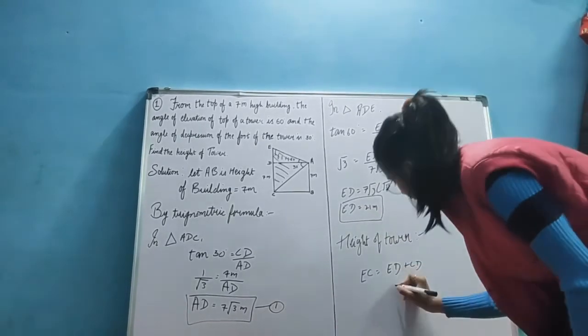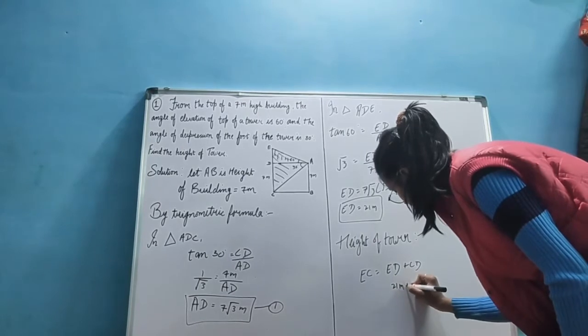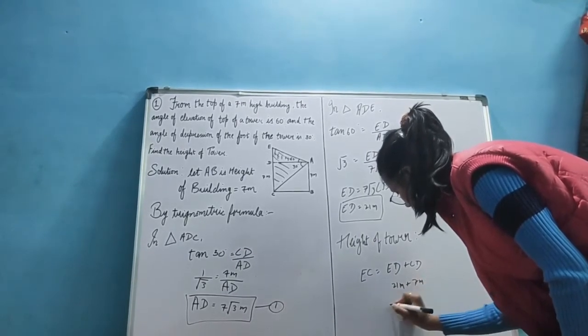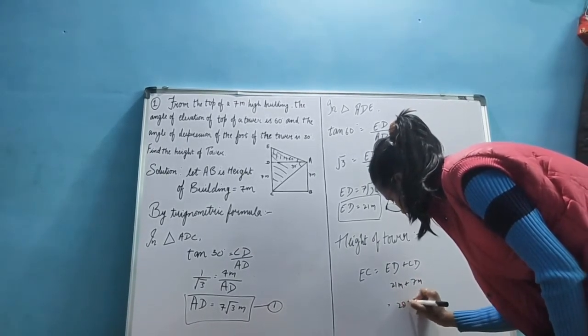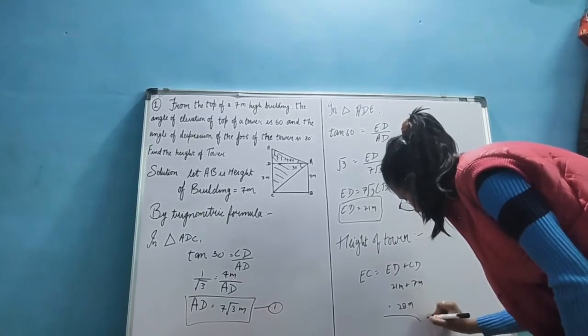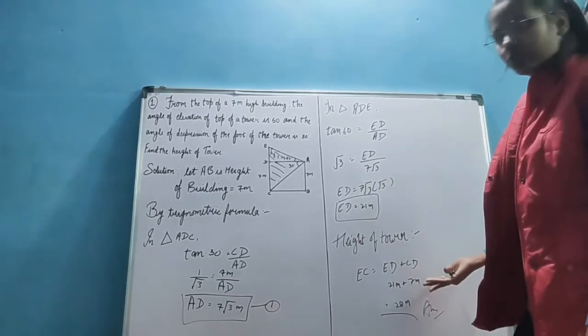ED is 21 meter plus 7 meter equals 28 meter. Here our question completes.